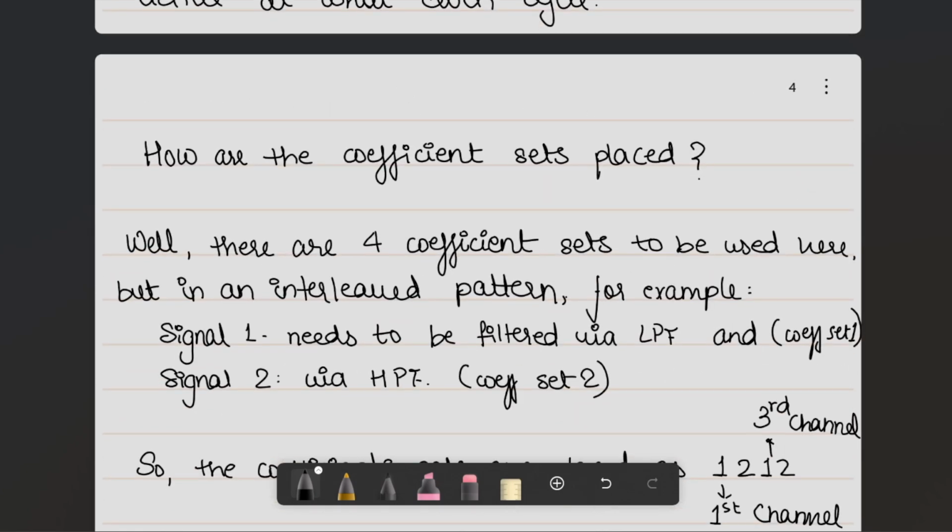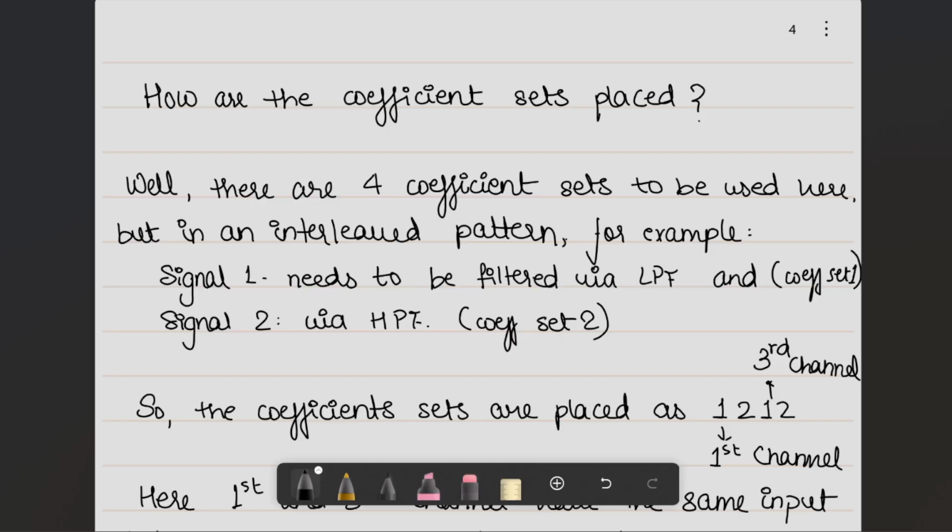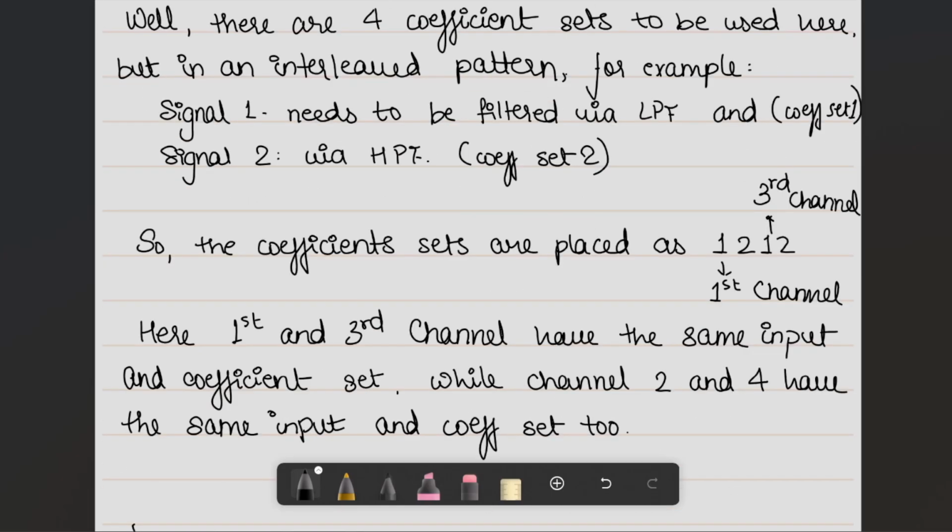What is this coefficient set? Well, there are 4 coefficient sets that need to be used here, but in an interleaved pattern. Let's say my signal 1 needs to be filtered via a low pass filter. A low pass filter in the coefficient file or the vector corresponds to set number 1, while signal 2 needs to be filtered via a high pass filter which corresponds to coefficient set 2 in the COE file or the vector.